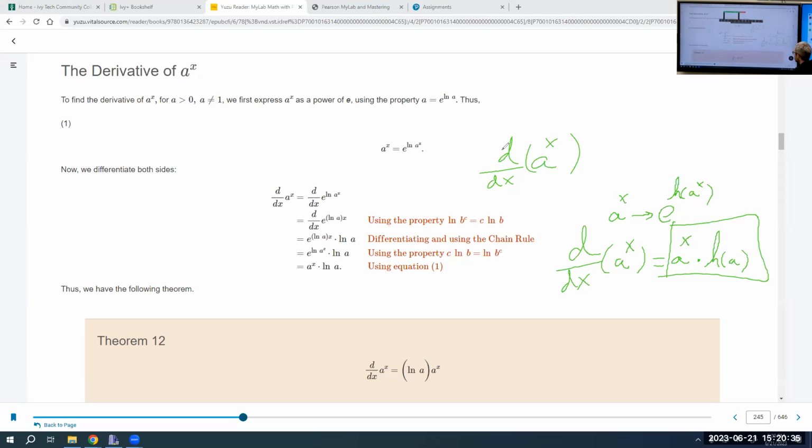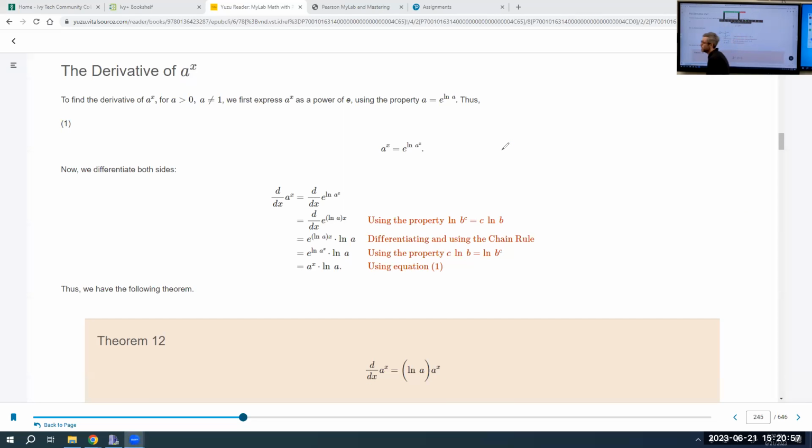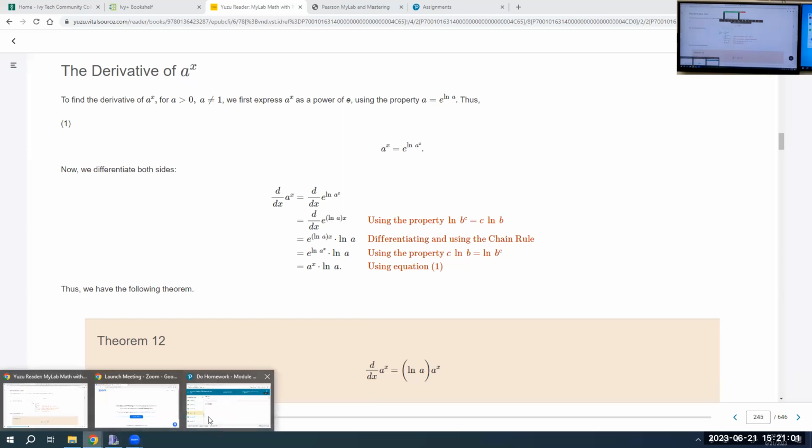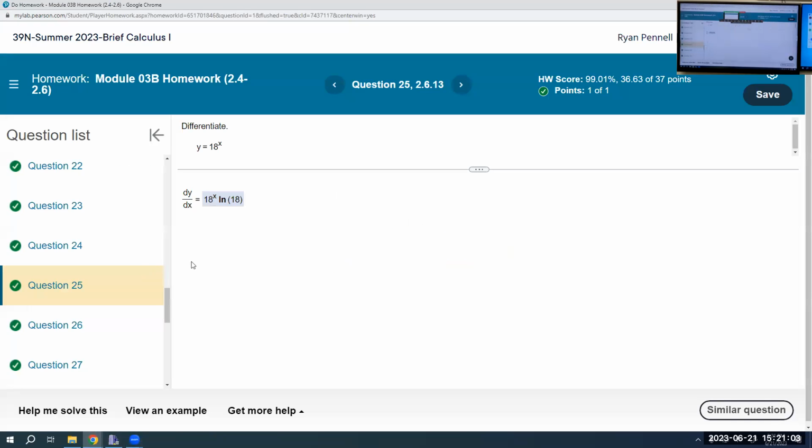So this is theorem 12. Theorem 12 states the derivative of a to the x, where a is some whole number, we'll say, is the natural logarithm of a times a to the x. We'll need that for the next few problems. So you will want to have that in your notes. Okay.